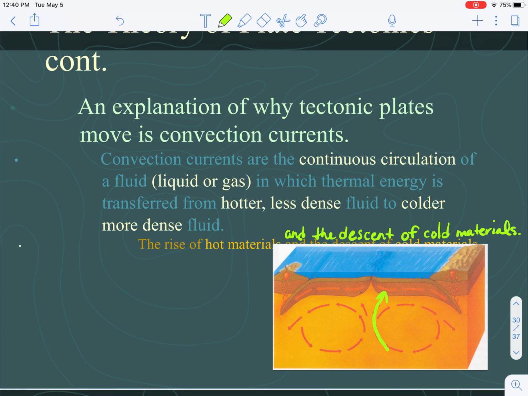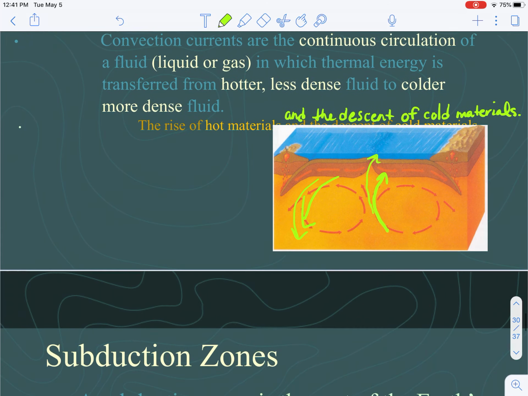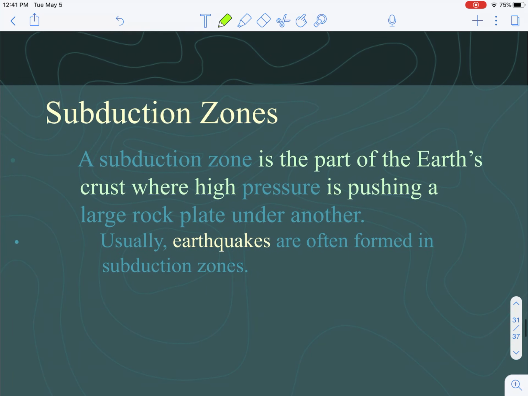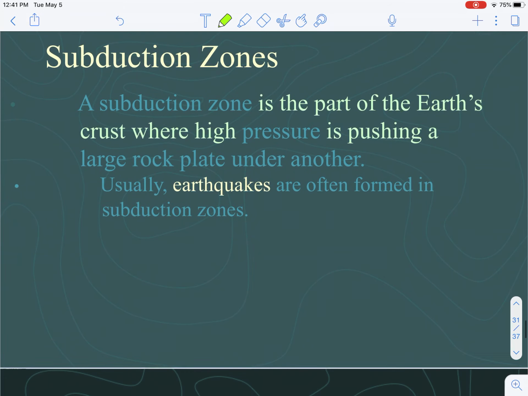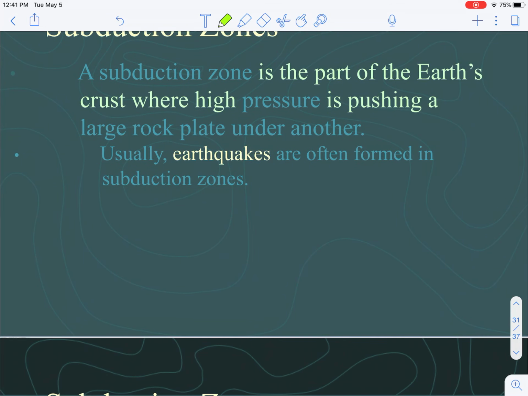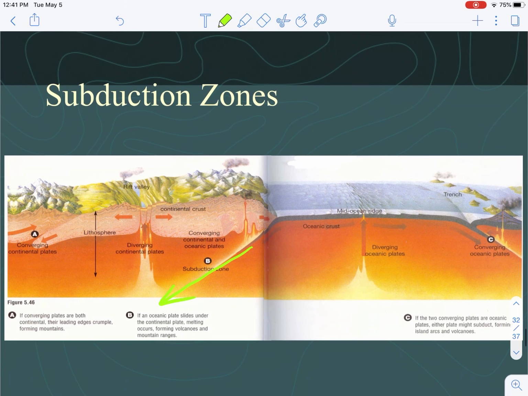And so you can see that the idea of convection from our last unit is that liquid or gas that's hotter is going to flow up, and the cooler fluid will move down. And so that idea is how the molten magma is flowing up, and the cooler materials are flowing down. So that's convection, kind of how that new mid-ocean ridge area is forming.